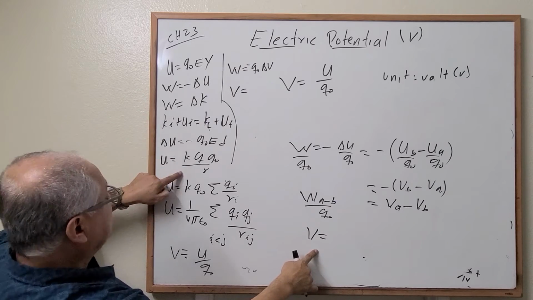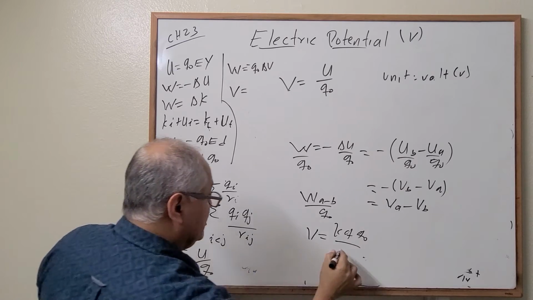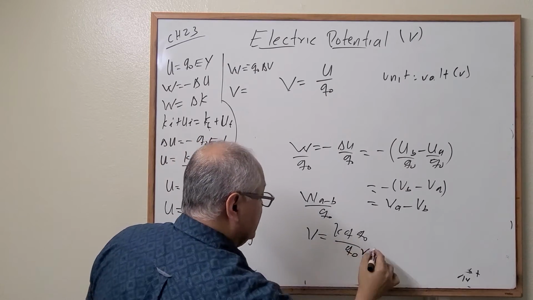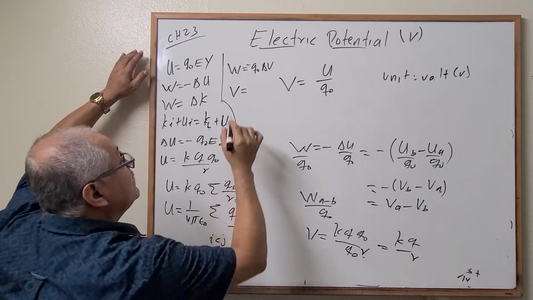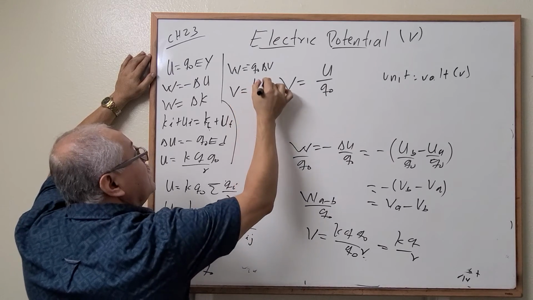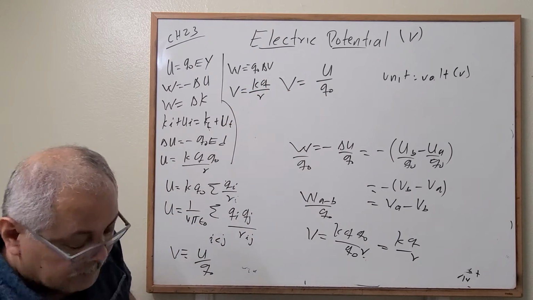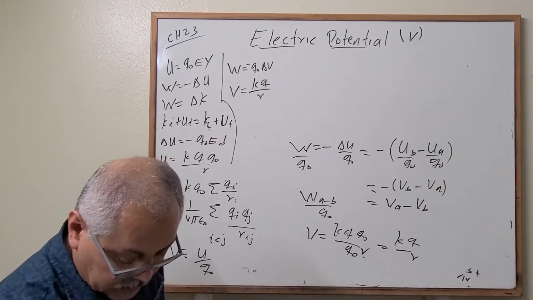The electric potential energy is going to be K Q naught over R. I forgot something, R right here. It's equal to KQ over R. So for a point charge, the electric potential is KQ over R. Correct? Perfect. This is for a point charge.